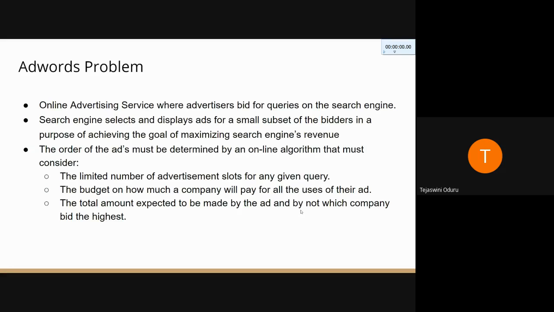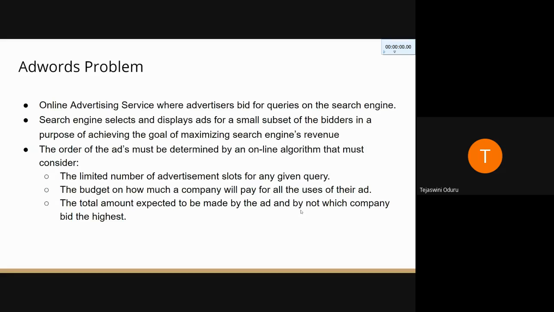For an online algorithm to decide the order in which ads are displayed for search queries, it should consider three parameters. First, it has a limited number of advertisement slots for a given query.